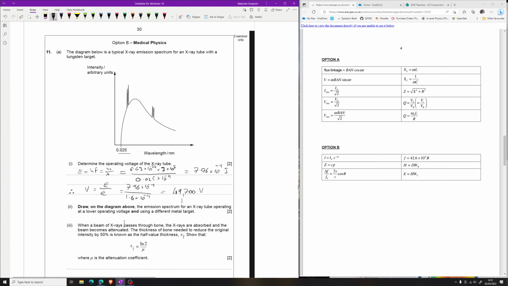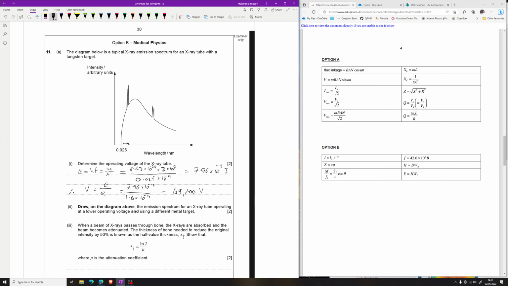Draw on the diagram above the emission spectrum for an X-ray tube operating at lower operating voltage and using a different metal target. So lower voltage means, first things first, less energy in the electrons. If this is smaller, this number is lower. If this number is lower, this number is larger. Obviously h and c are constants.